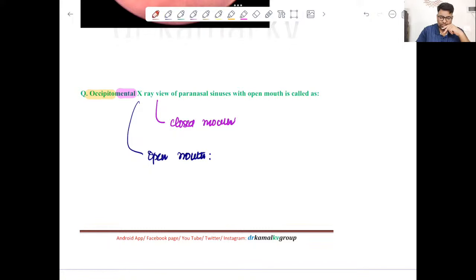Right? So this is known as Waters view, and this is known as Pierre's view. So the term is different, although the alignment of the skull is the same. If the mouth is closed, that is Waters view. If the mouth is open, it is known as Pierre's view.